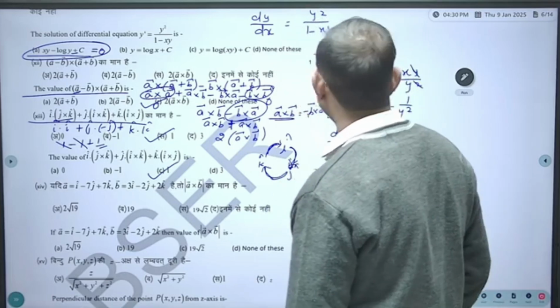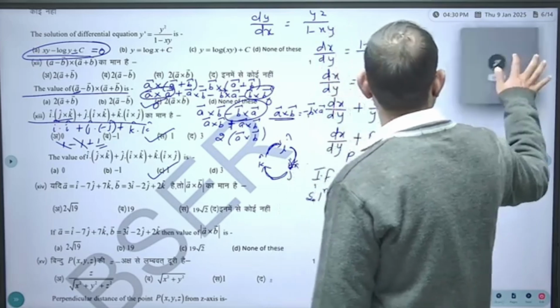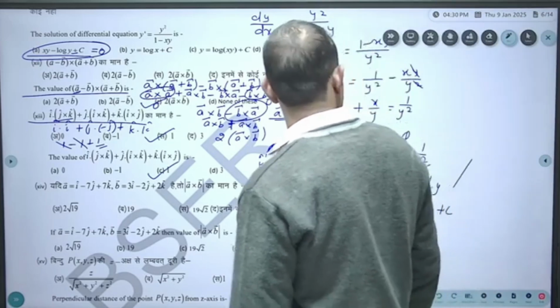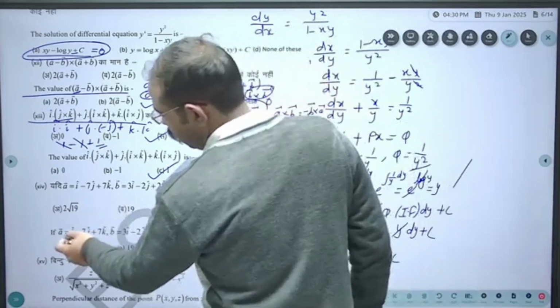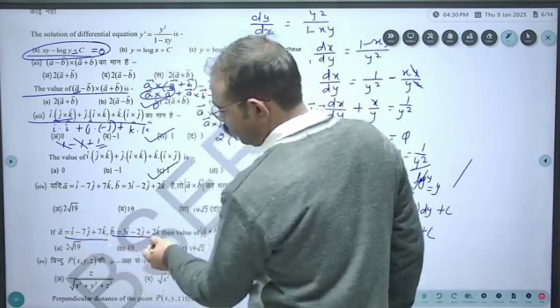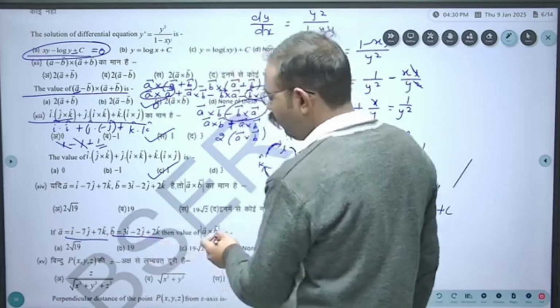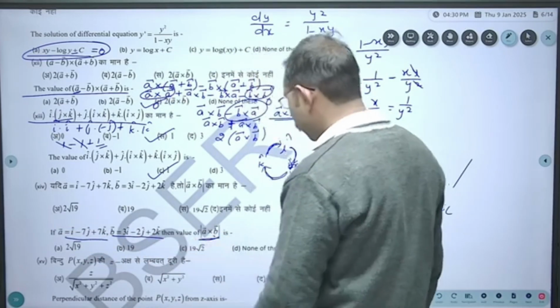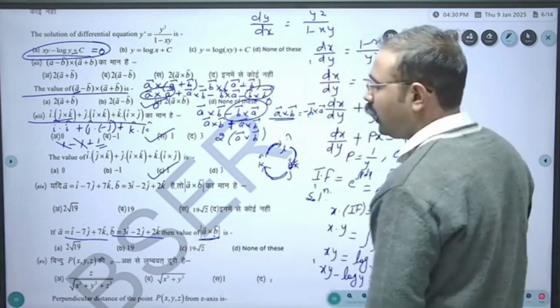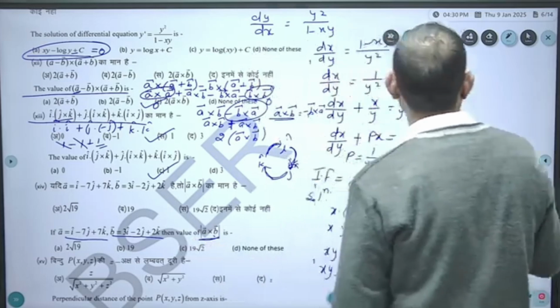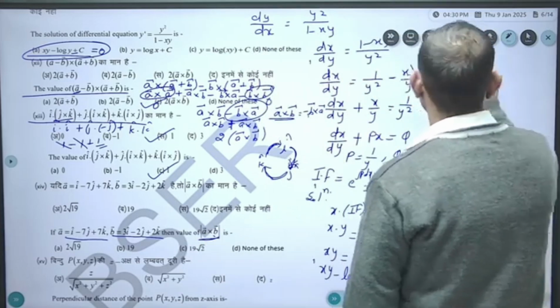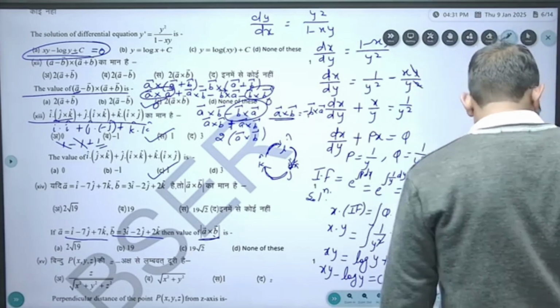Next is, two vectors are there, A vector and B vector, and we have to evaluate magnitude of A cross B. So how to evaluate?